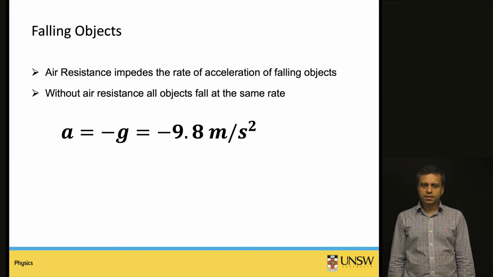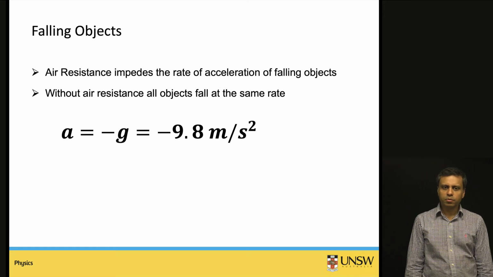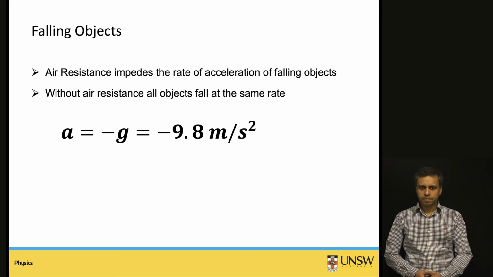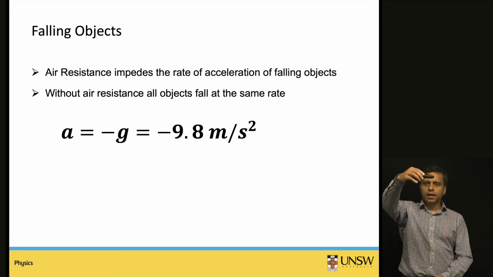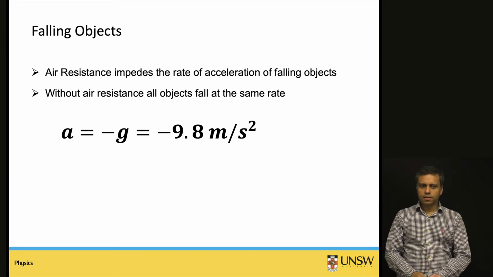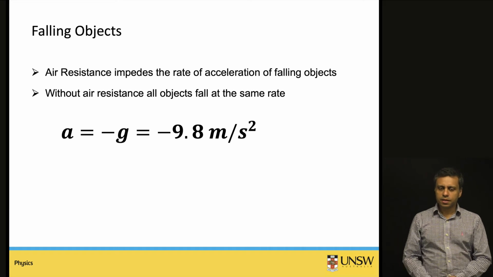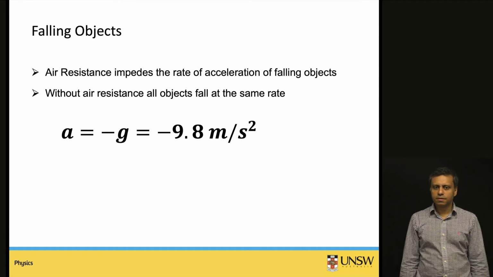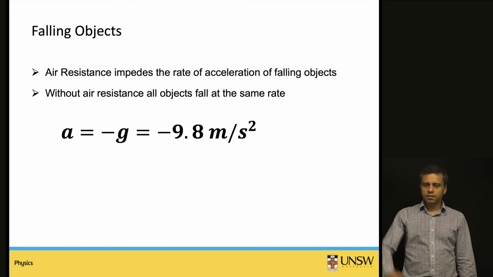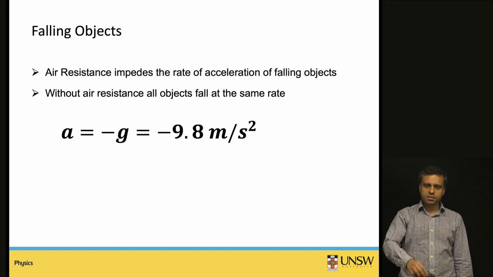So let us now look at a special case of motion under constant acceleration. This is the example of falling objects under gravity. If I let this object fall, it falls under the force of gravity. This is also a case of constant acceleration. The acceleration in this case is given by minus g, because the acceleration is pointing downwards.